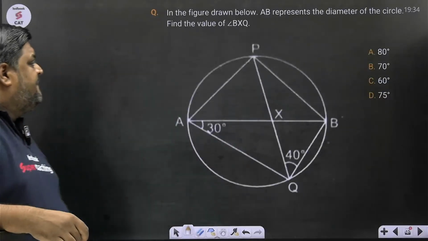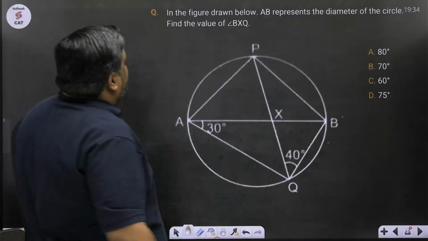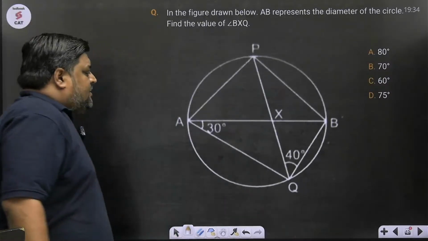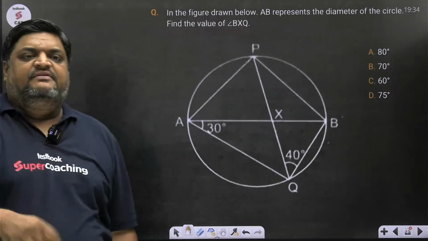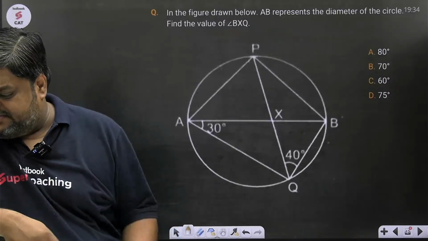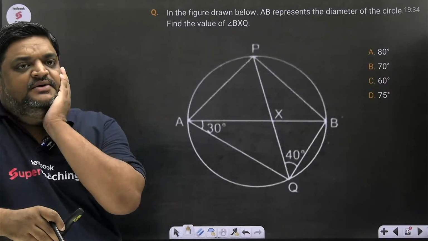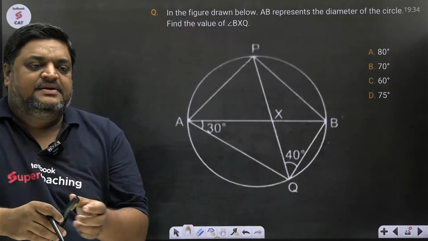Try this one, beta. Okay, I'll give you a minute roughly and then we will discuss. You have a minute roughly. Do it quickly. Then we will look at it.